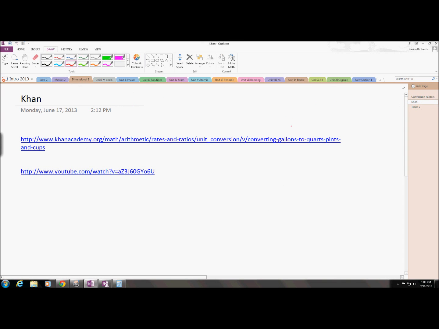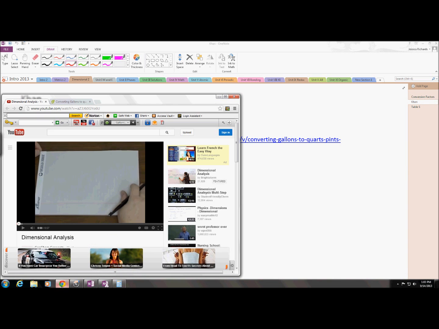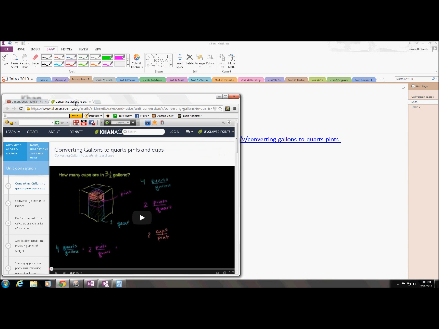Now, if you want more help with dimensional analysis, how that works, if my explanation didn't work really great, try Khan Academy. It's going to be in the math section. If you just search dimensional analysis or unit conversions, you're going to find some videos from Sal Khan on how to do that. And I don't want to play a bunch of his videos.